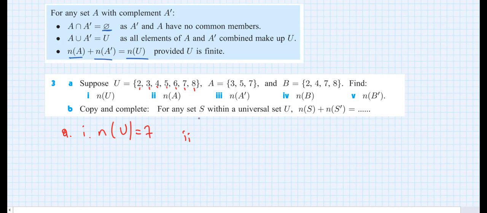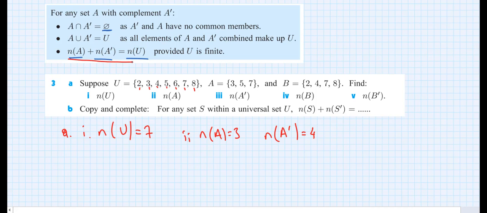And how about the number of elements in A? As you can see, it's 3. And the number of elements in the complement, if it's 3 and the universal is 7, must be 4. Remember, the complement and A, when we add them up, should always give the universal.